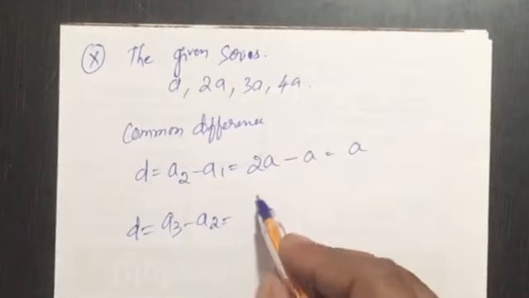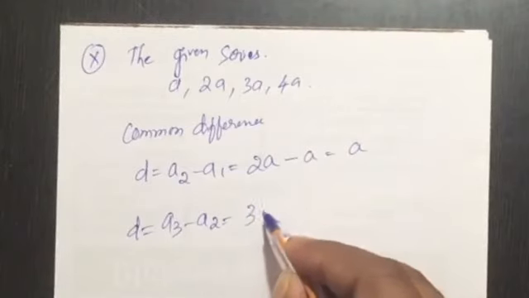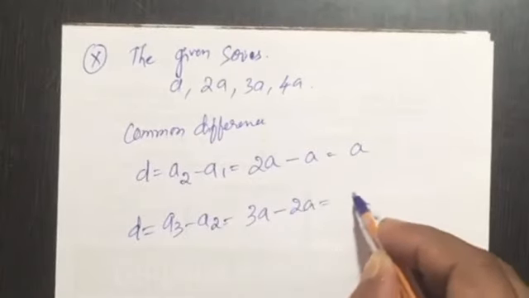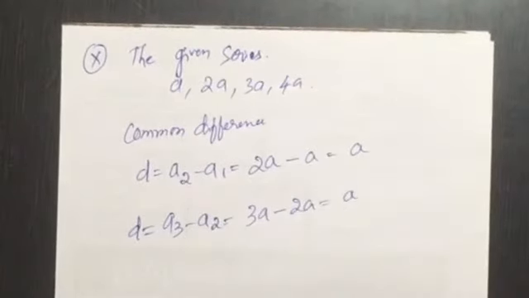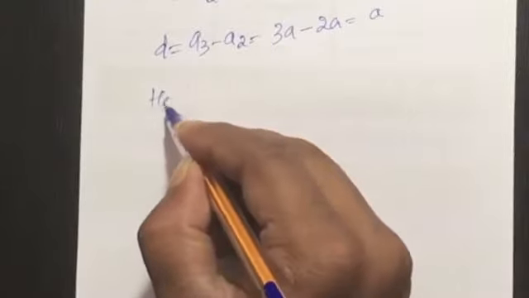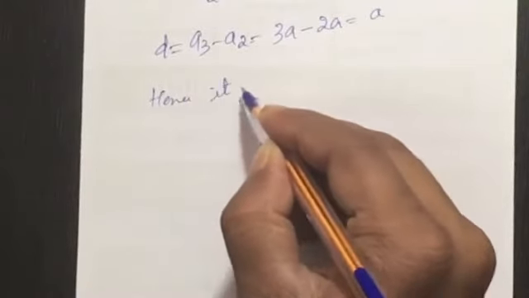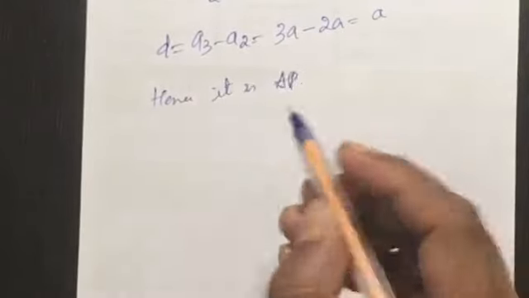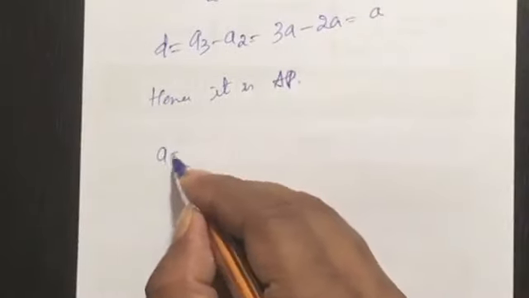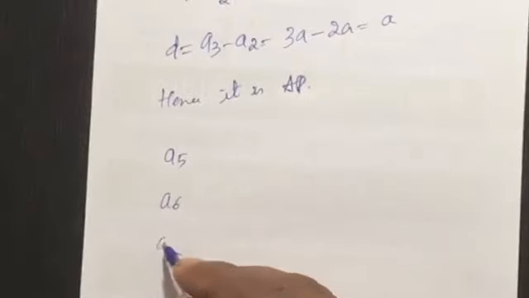What is A3? A3 is 3A minus 2A, which is A. So similarly we can say this is an AP. If it is an AP, what will be the next terms? Hence it is an AP. Now find the value of A5, A6, A7.